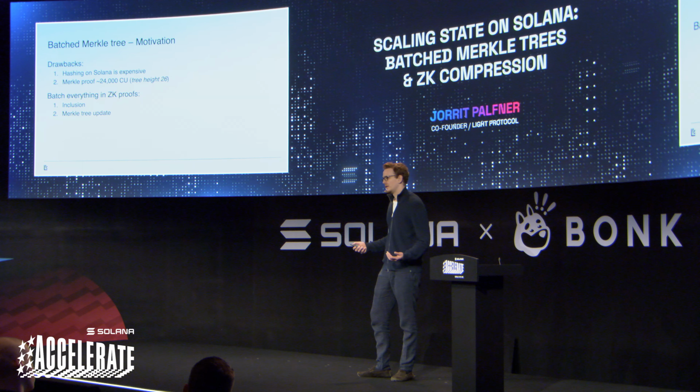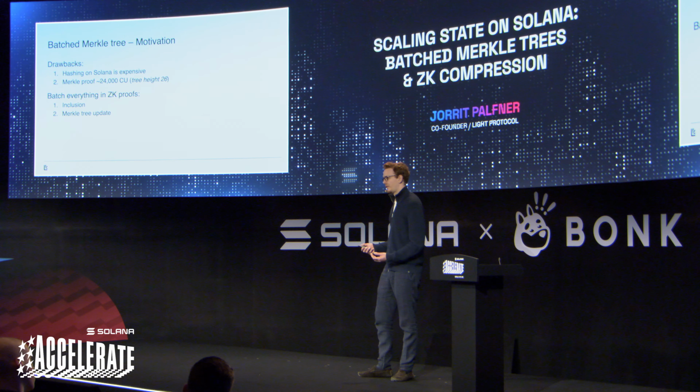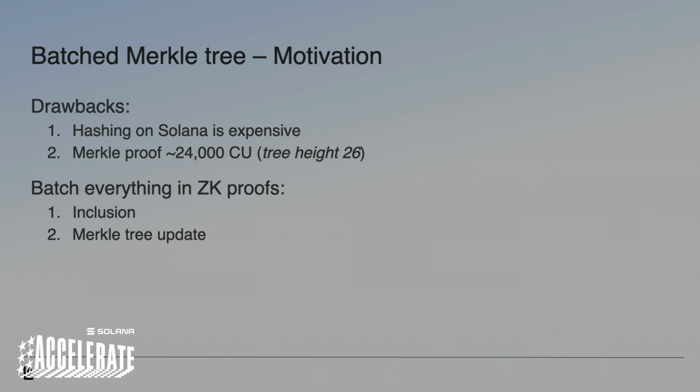The drawback of all these sparse Merkle tree variations is that you have a lot of hashing on chain, which is expensive. In particular, if you want to use ZK proofs, you want to use the Poseidon hash. One Poseidon hash costs 800 CU, so for a height of 26, it's 24K CU. The idea behind batch Merkle trees is very simple.